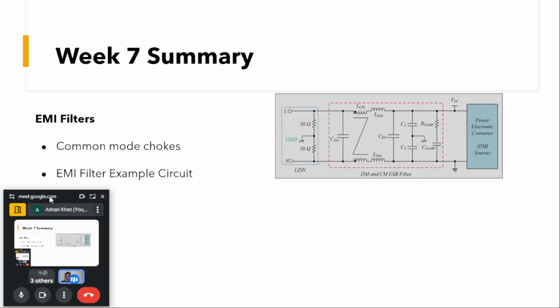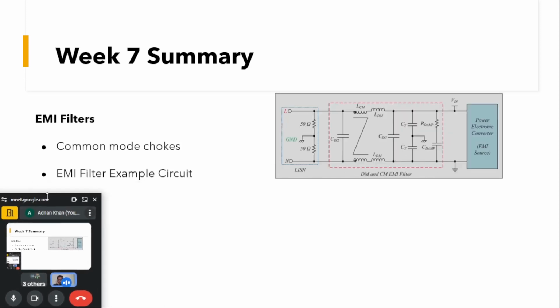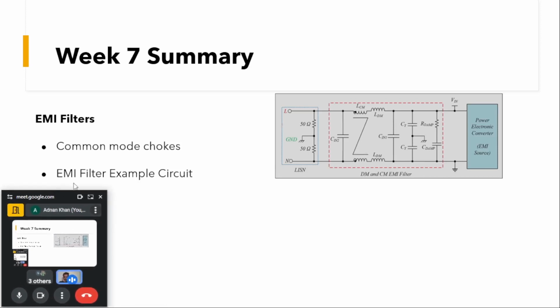The other circuit that can be implemented is the EMI filter. For example, let us say we have a power electronic converter. Usually we see the power electronic converter between the source and the load, but here the power electronic converter is an EMI source, because this is the switched network, and EMI is generated here.